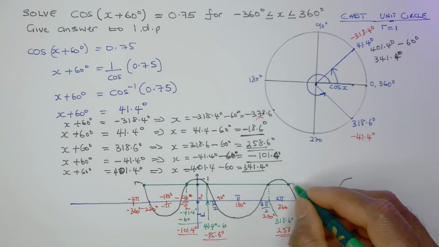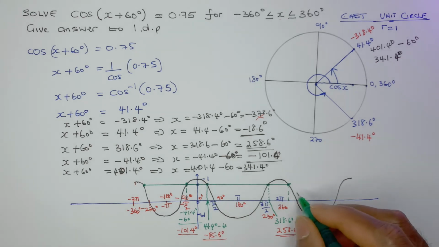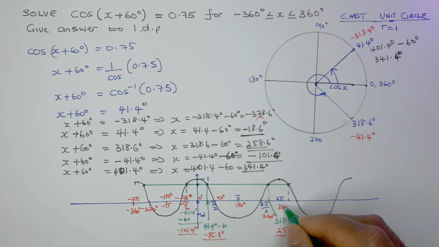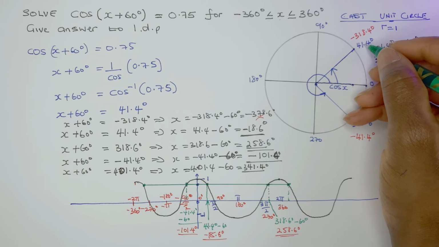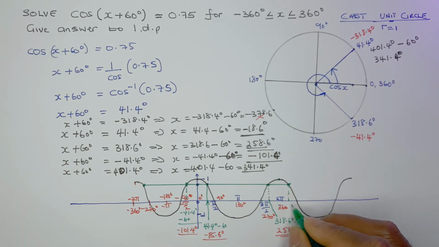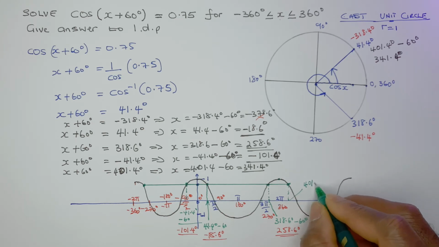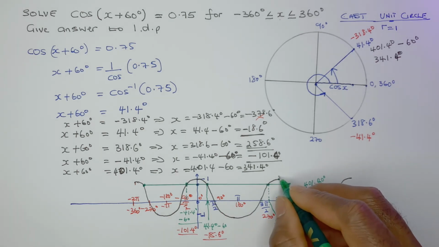Now here, that point is another point, because this is where it stopped, that's 360 there, and 360 plus 41, so that point here is 401.4 degrees. So this is where 360 stops.